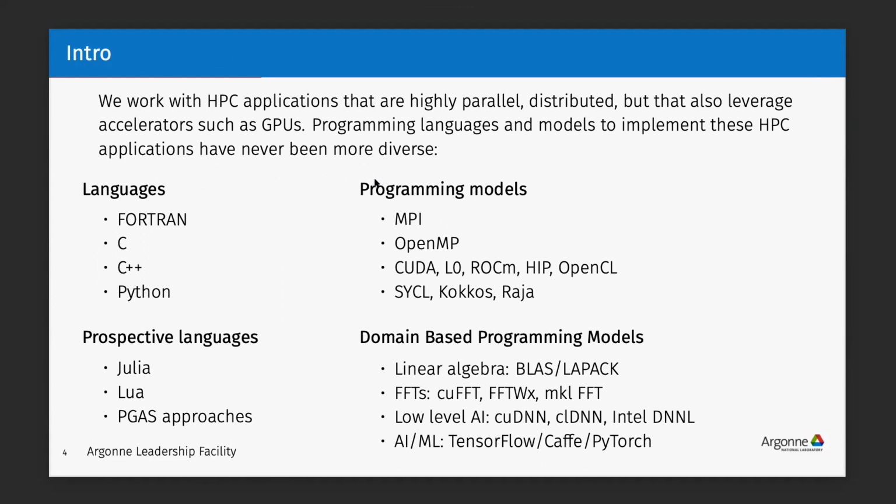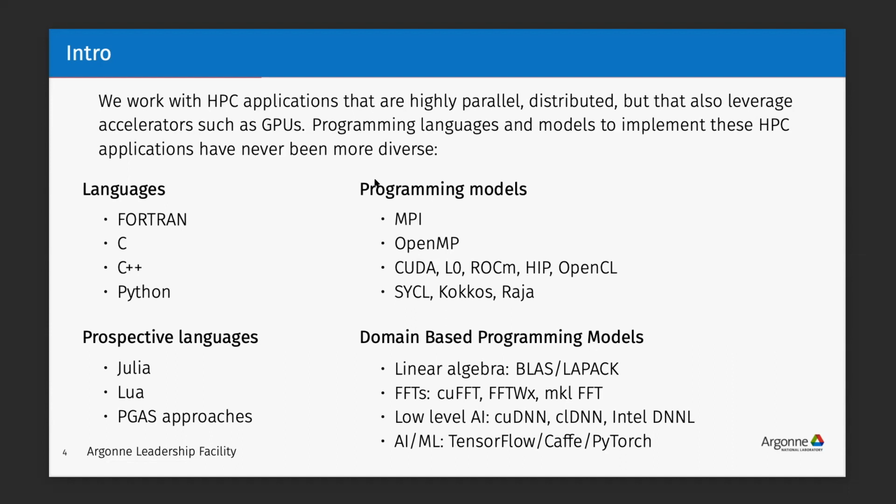We have the usual languages, Fortran, C, C++, Python, and prospective languages people would like to use, like Julia, Lua, Rust maybe, and PGAS approaches, which have been here for a long time. And we have programming models underneath, like MPI, OpenMP, GPU programming models like CUDA, Level 0, ROCm, HIP, OpenCL, and more high-level programming models like SYCL, Kokkos, and RAJA.